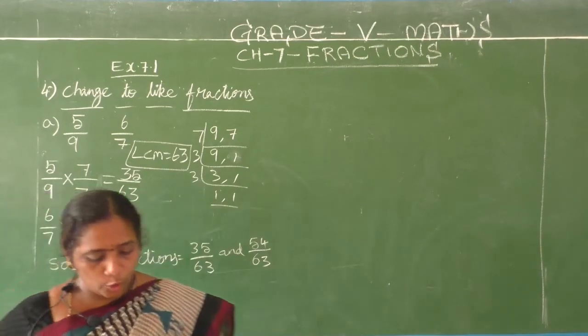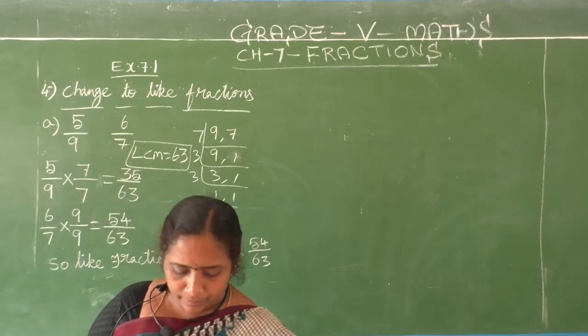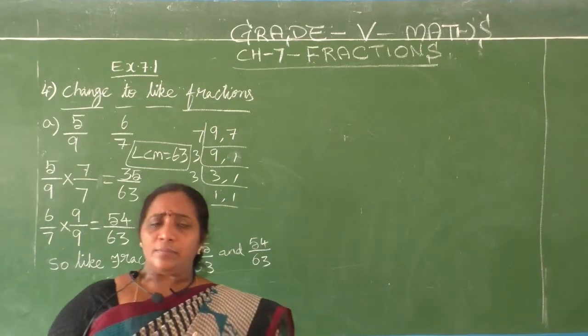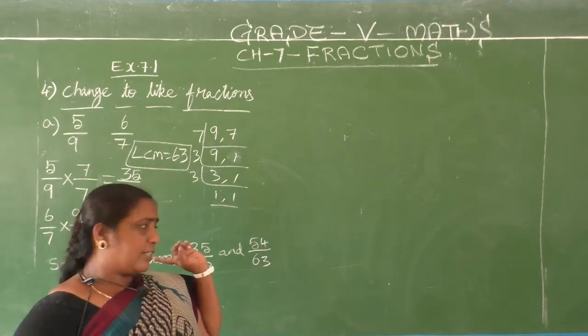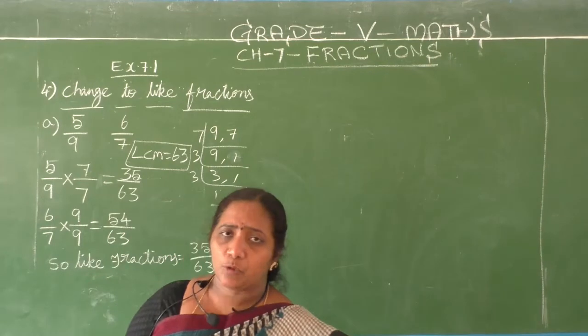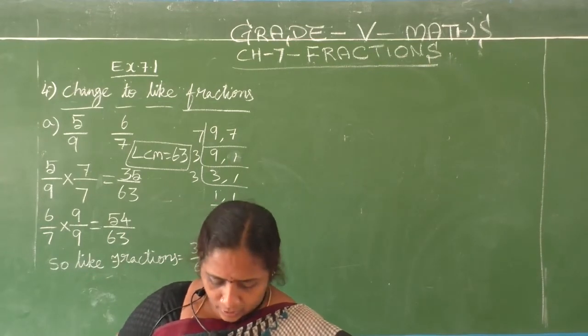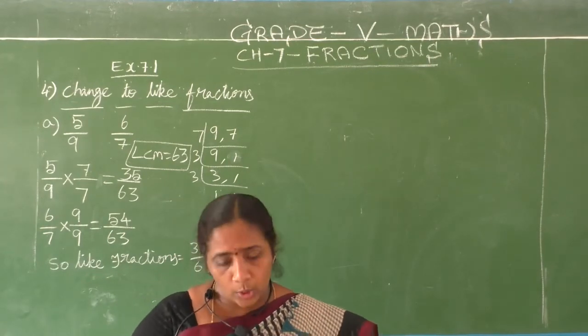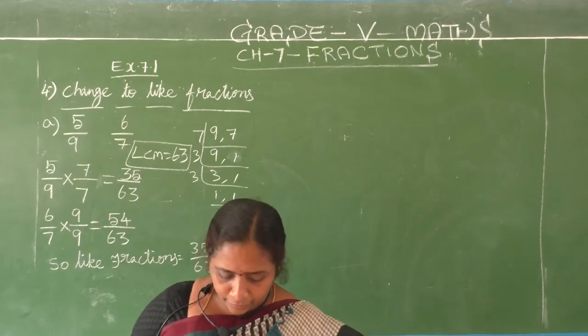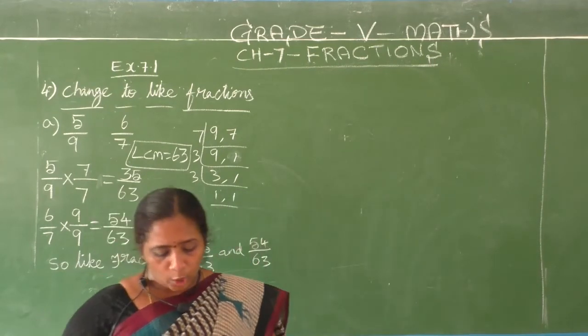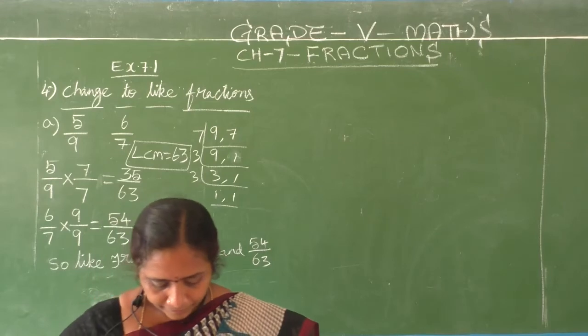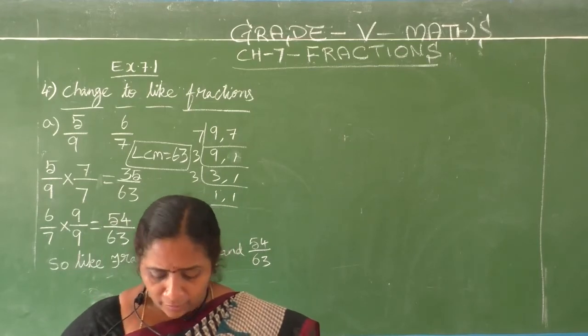See ma, in this fourth Roman also they gave 6 sums. You can do 4 sums, that is enough. I teach 1 sum here, remaining 3 sums you can do, that's enough. No need to write all sums. Next, fifth Roman. Compare the following fractions. They gave pairs of fractions.